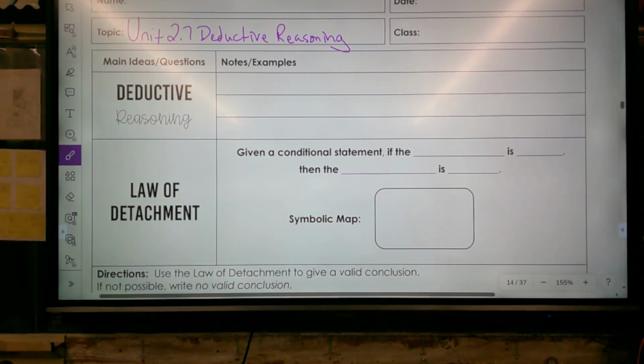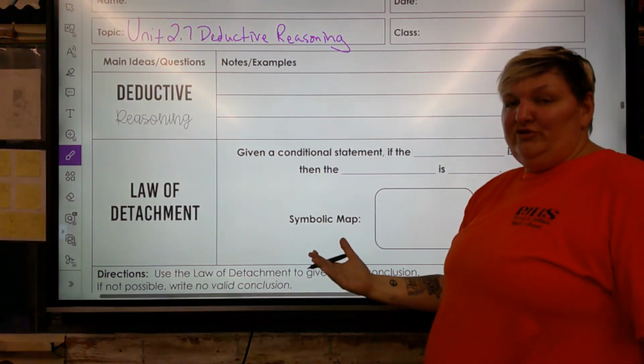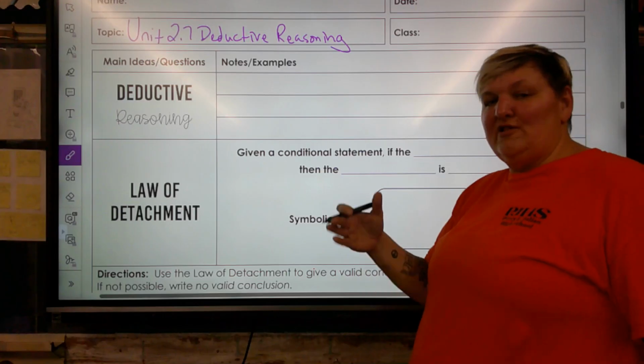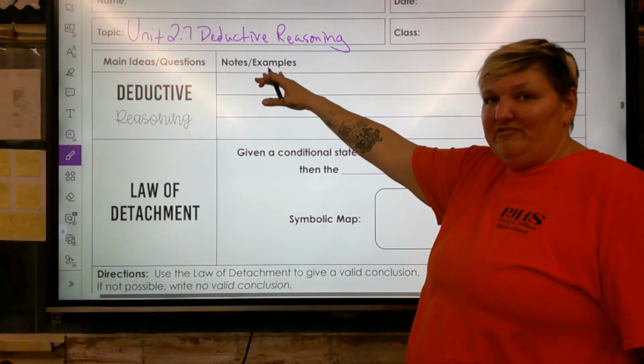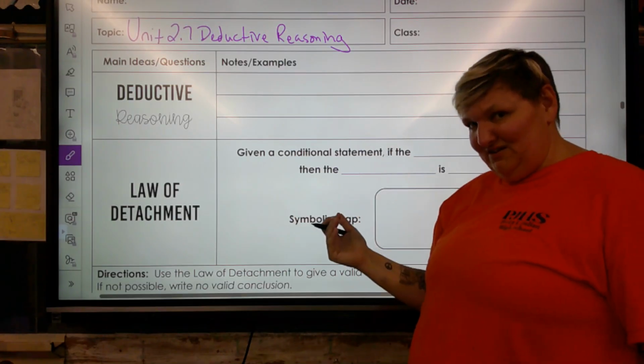All right, unit 2.7 is deductive reasoning. The thing we started with in unit 2 was inductive reasoning, which is following patterns. Deductive reasoning is a little bit different. It's kind of almost the opposite. Okay?